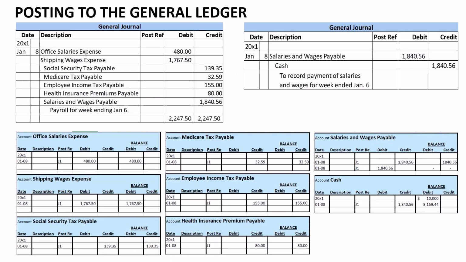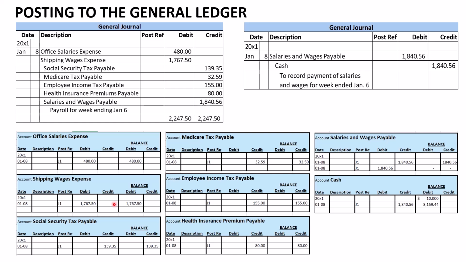To manually post these two payroll entries, we first debit the gross wages to the office salaries expense account for $480 and the shipping wages expense account for $1,767.50.